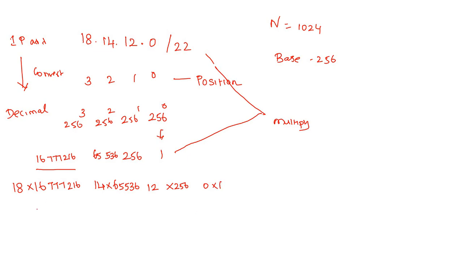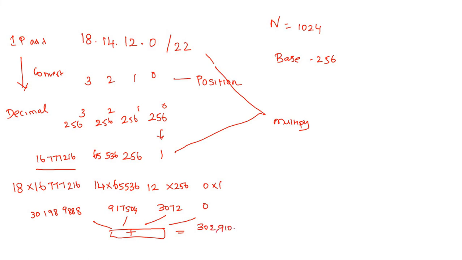Calculating, 18 multiplied by 16,777,216 is 301,989,888, then 917,504, then 3,072, and 0. We add all these values and get 302,910,464.